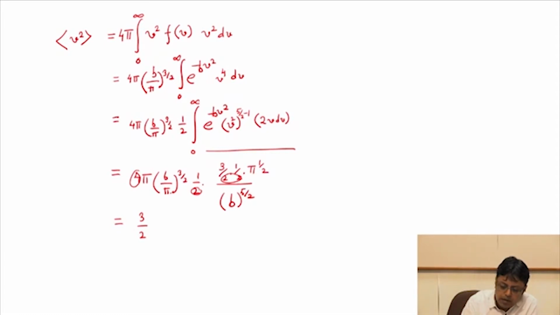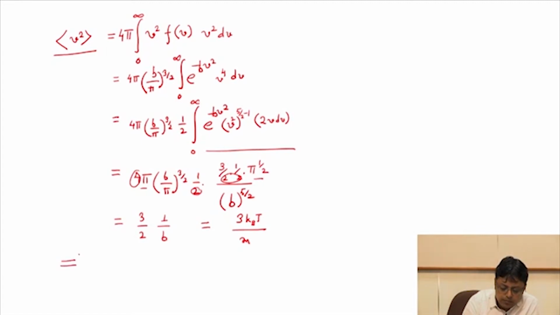I have pi divided by pi to the power 3 by 2, and pi into pi to the power half is pi to the power 3 by 2, and that gets cancelled with pi to the power 3 by 2, so that is fine. I have b to the power 3 by 2 and b to the power 5 by 2 here, so that gets cancelled. I'll have only 1 over b, and that should be equal to, as you know, 3 kB T by m, because that's the value of the v square average.